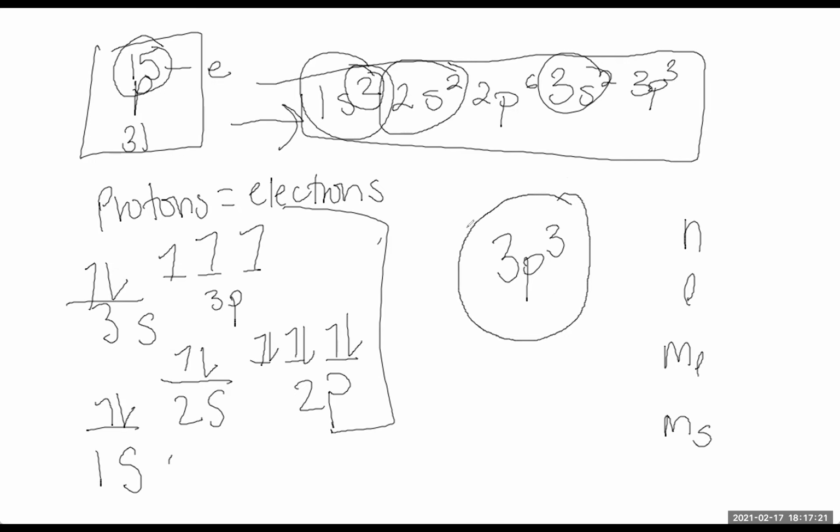So in this case, let's say they ask you for 3p3. We can go back to what we drew, and we're like, oh, well, this is 3p3. But our N would be what again? What would be our N?